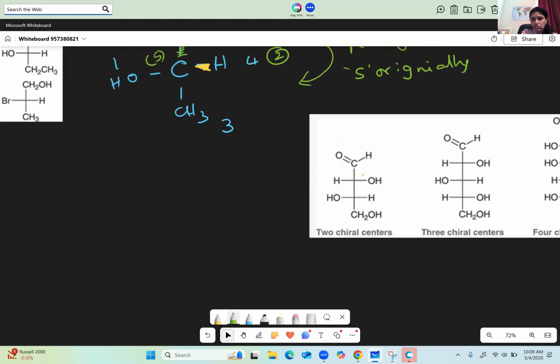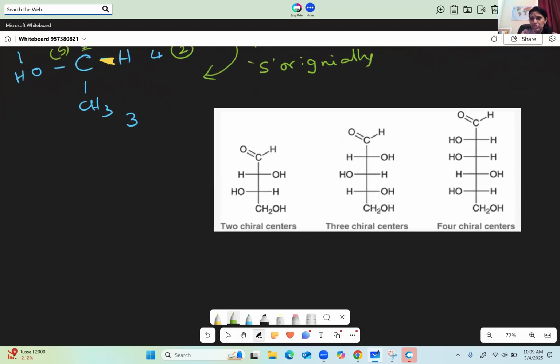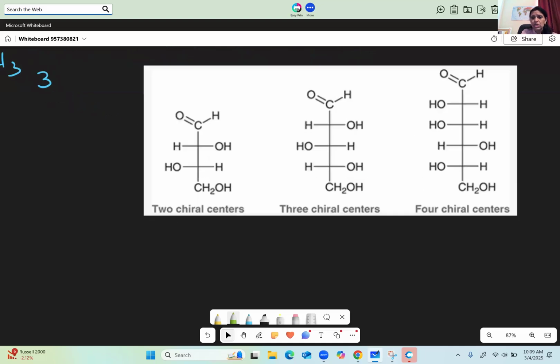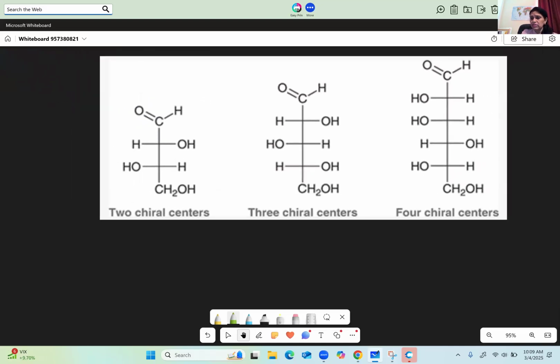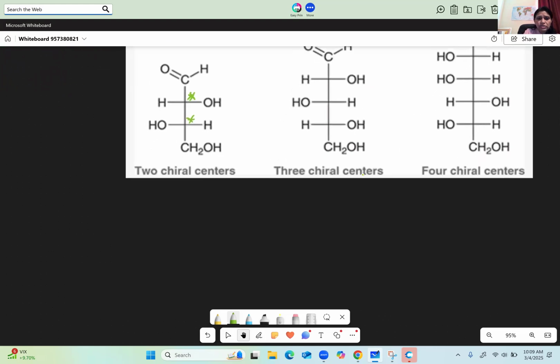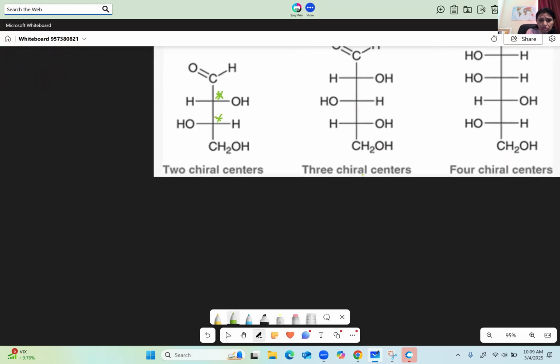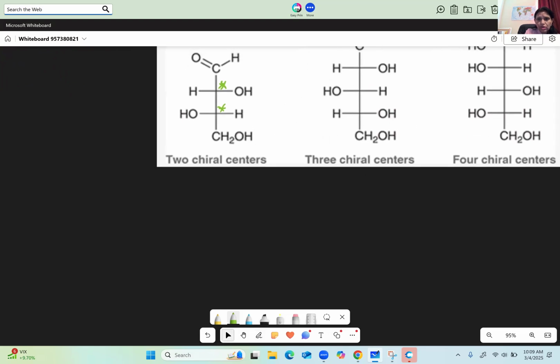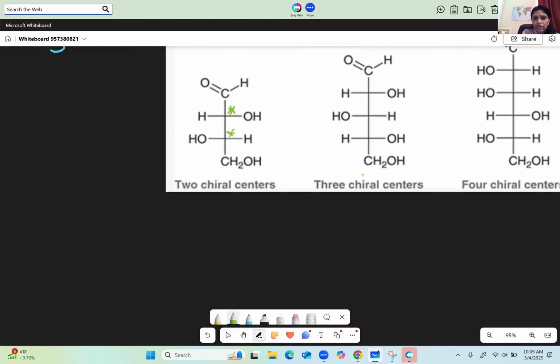So let us go to something more complicated, which is 2 chiral centers, 3 chiral centers, 4 chiral centers, and so on. So that means this is a chiral center, this is a chiral center, right? So let me work on the first structure here. We don't have to redraw, I can do it here.